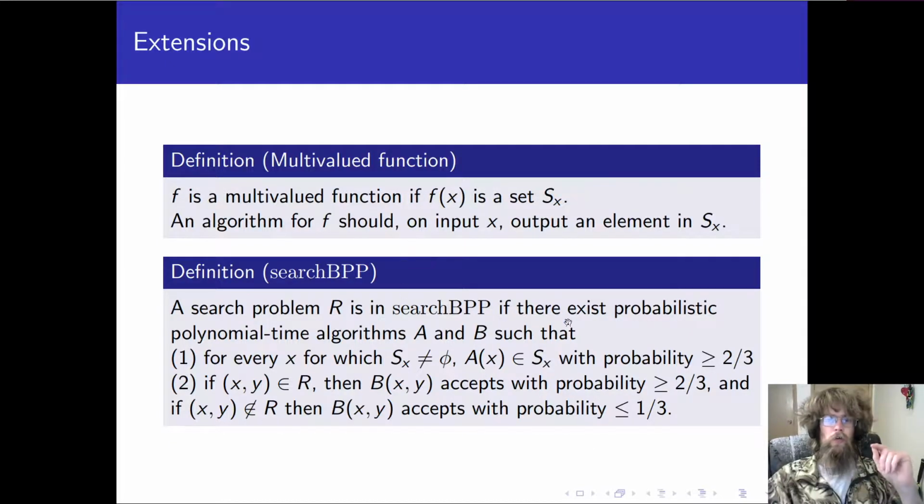Here we've got a relation R, and we need a probabilistic algorithm that outputs, like, finds solutions to the relation, at least 2/3 of the time. And the key difference is we also need to be able to check that a pair is in the relation with like 2/3 success rate. That is, the relation is kind of a BPP decision problem.